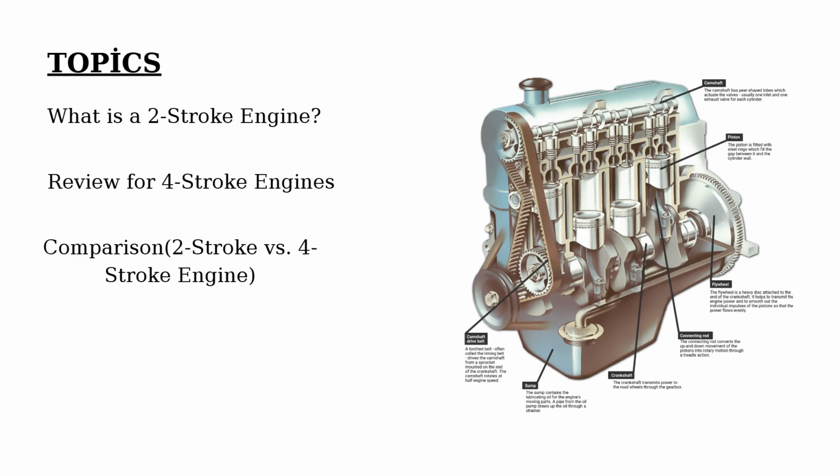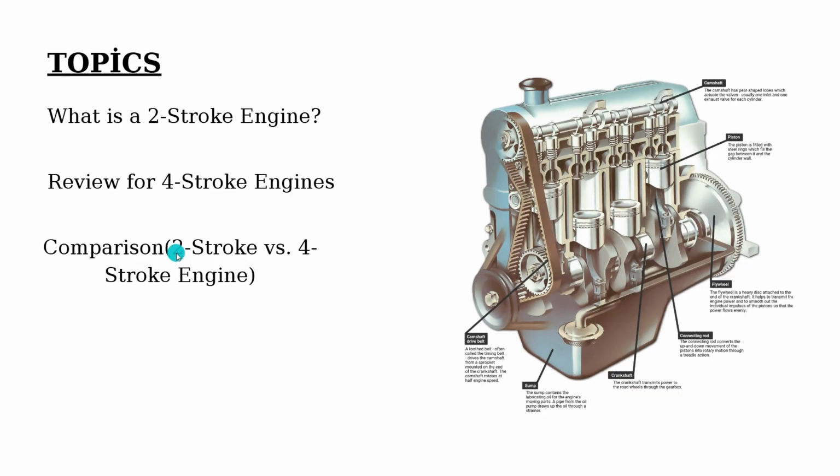For example, some vehicles or machines need more power in a short time, but others need better fuel efficiency and long-term performance. So there is no single best engine type. Each type is suitable for different purposes.